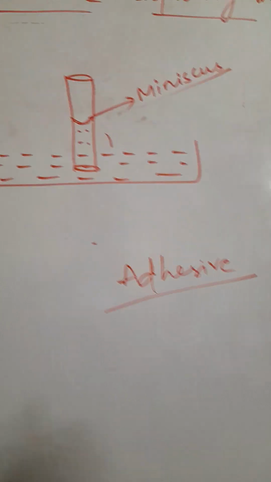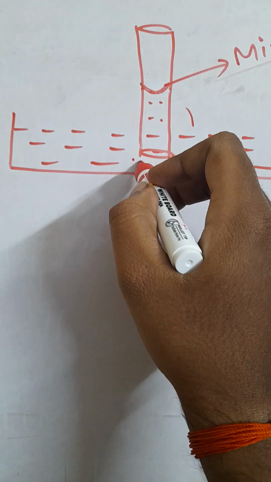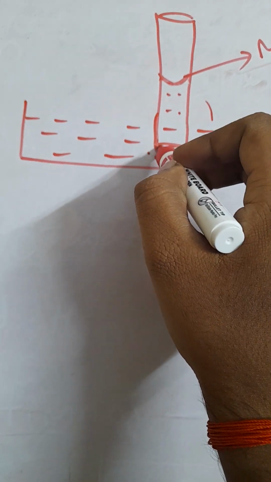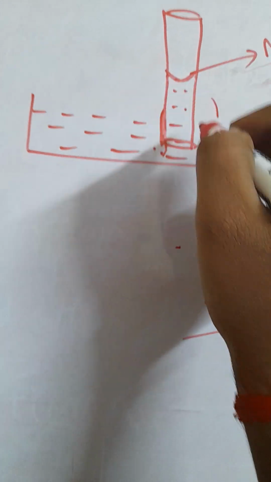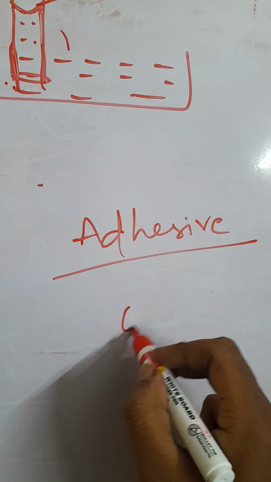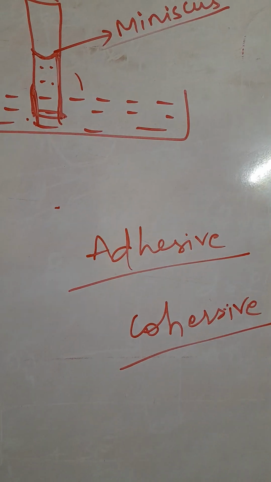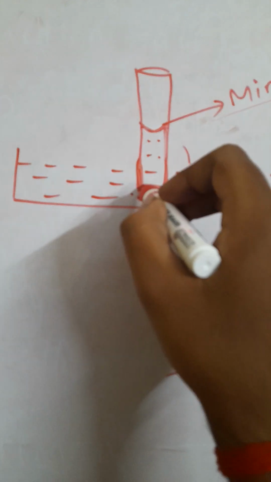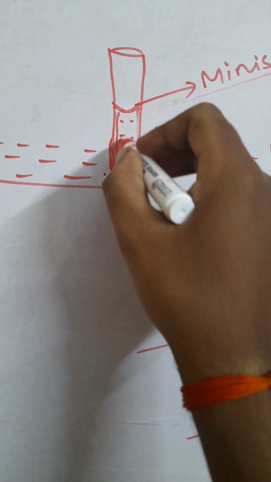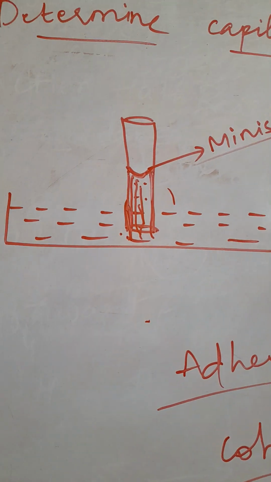Like water here, it will be attracted to the silicon in the glass tube. So that's the reason along the walls it will be moving up, and parallelly, as it is moving up, due to cohesive forces. So what is cohesive? Cohesive is attraction between the same type of molecules. Due to adhesive it is moving up, and due to cohesive forces, the water in here also will be moving up, and it will be forming a meniscus.